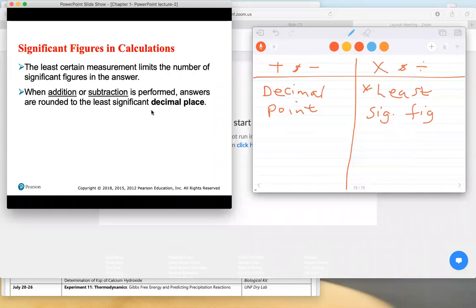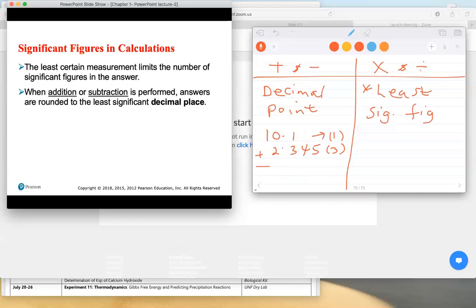If I have, for example, 10.1 plus 2.345, this one has one place of decimal. This one has 3 places of decimal.